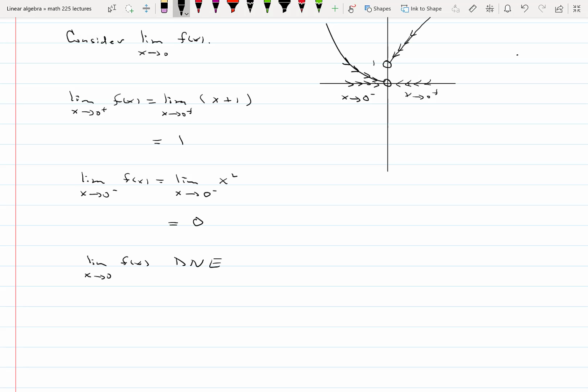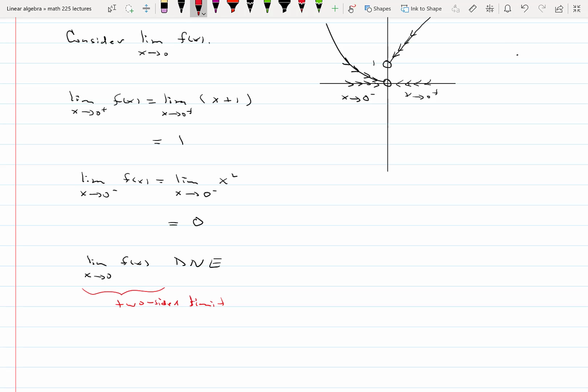So it was often said in Calculus 1 that the limit as x approaches 0, not from the right or from the left, was called a two-sided limit. We called that a two-sided limit, because x could approach 0 from either the right or the left.